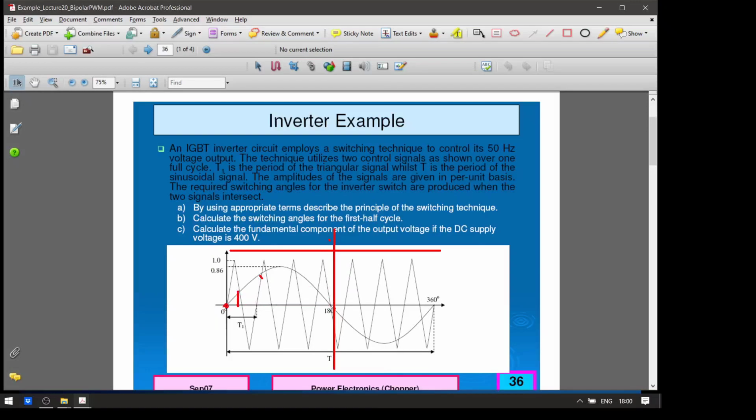We know the first angle is at 0. Then we have 1, 2, 3, 4, 5, 6, 7, plus 8. This is 0 again. So 1, 2, 3, 4, 5, 6 angles that you need to calculate.